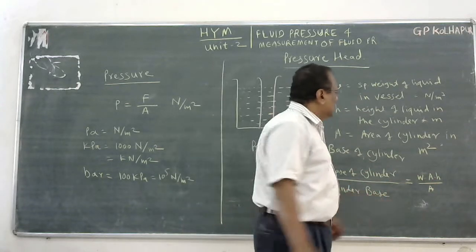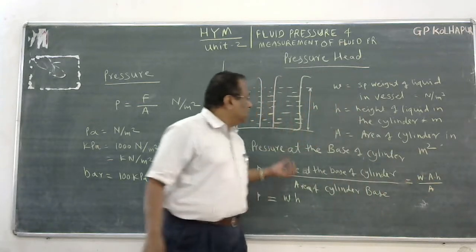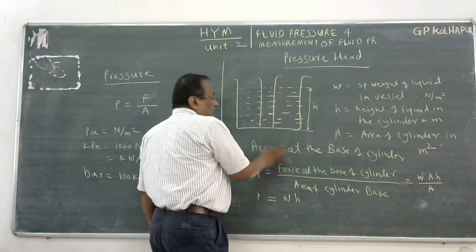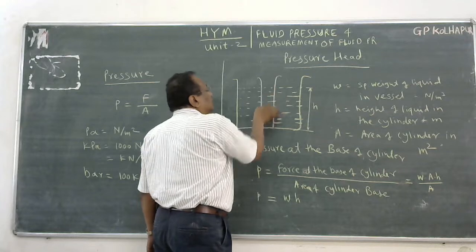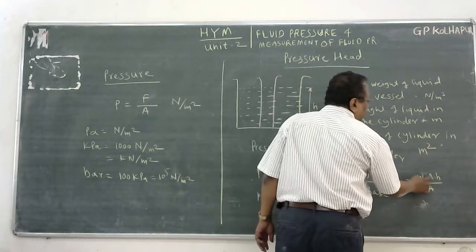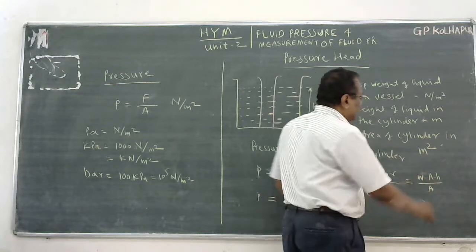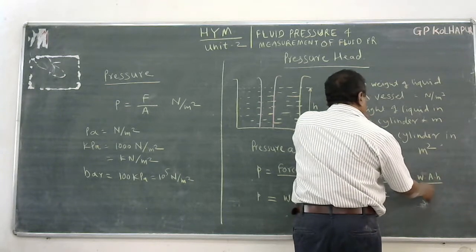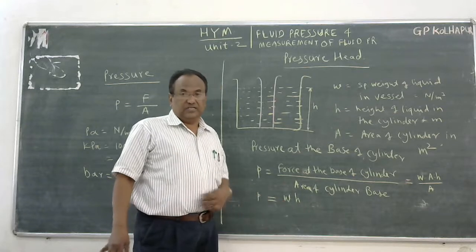That multiplied by specific weight of the liquid will give you the weight of the liquid, which is also the force due to this weight. So the force is W multiplied by A multiplied by H. W is specific weight. So W A H divided by A, this A gets cancelled. We get P is equal to W into H.